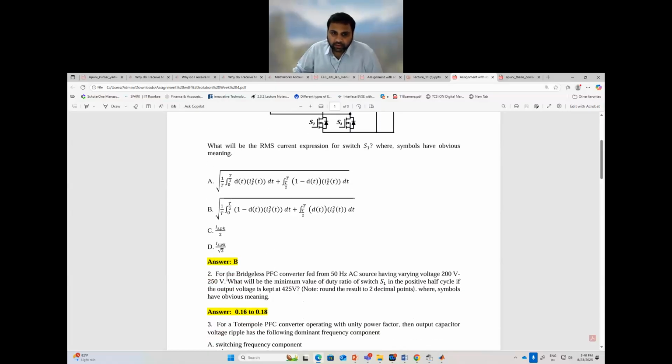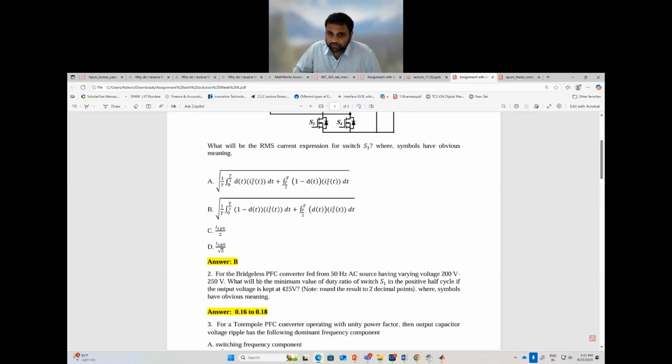Then comes question number 2, where it is given that for a bridgeless PFC converter fed from a 50 Hz AC source having varying voltage between 200 to 250 volt, that means the AC input voltage varies from 200 volt to 250 volt.